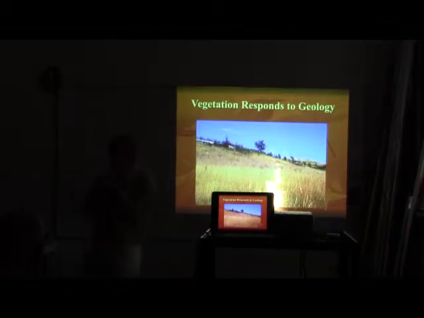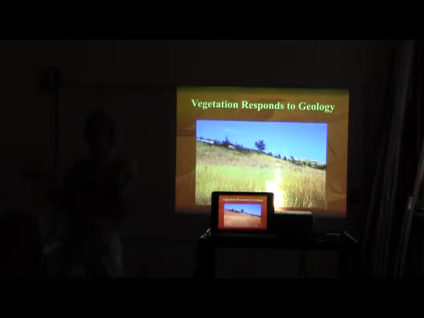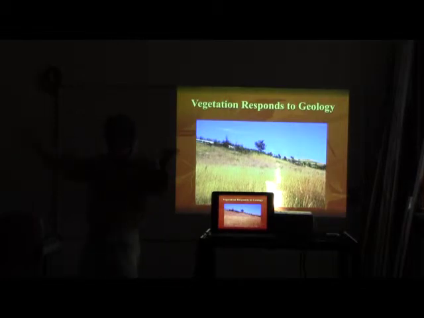But these limestones are all broken up and have lots of fractures in them, what are called joints. So if you walk out and look at the limestones, they break up into blocks, right?